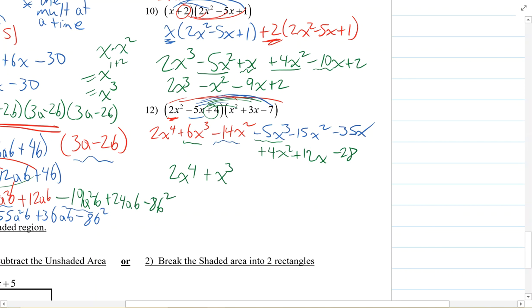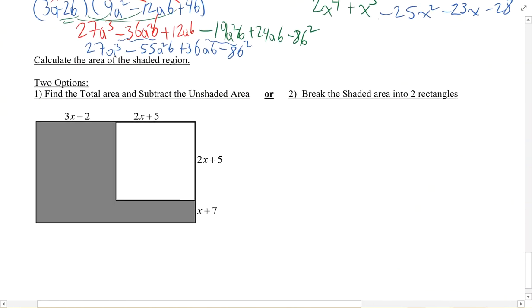Then we get negative 14x squared, and this will be negative 29 plus, that would be negative 25x squared. And then we have the x's, negative 35 plus 12 would be negative 23. So negative 23x minus 28. And there you have your answer for that one.